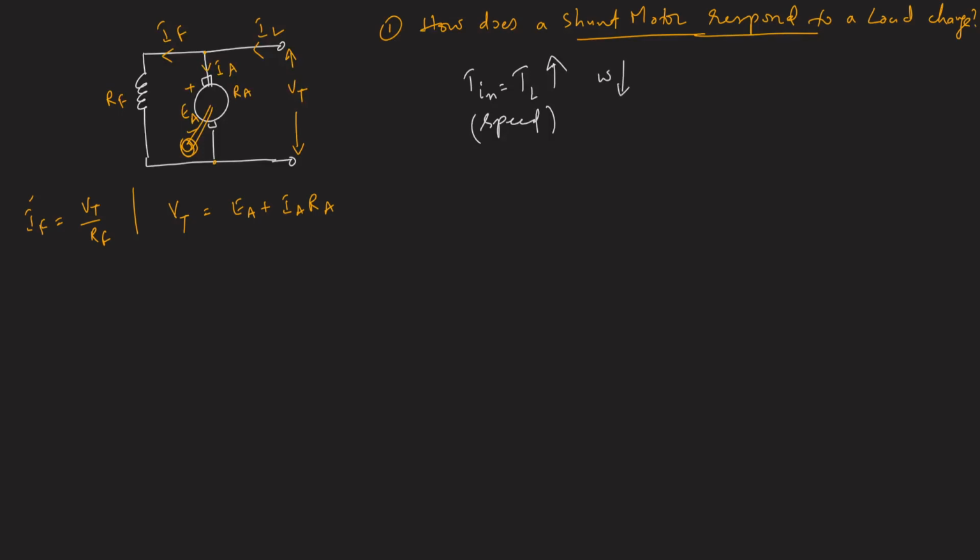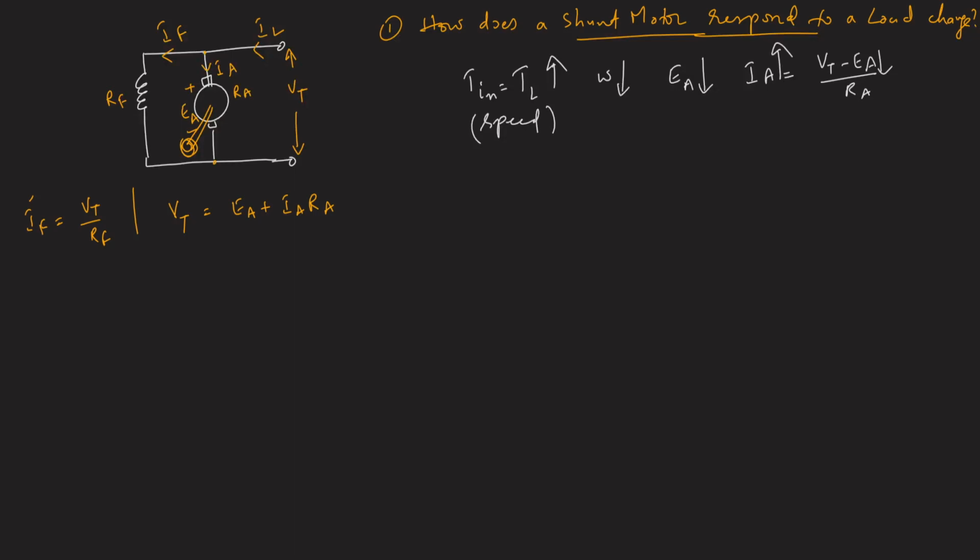So when speed falls, the back EMF induced in the machine falls. When back EMF, which opposes the terminal voltage, decreases, the armature current, which is Vt minus Ea by Ra, increases.